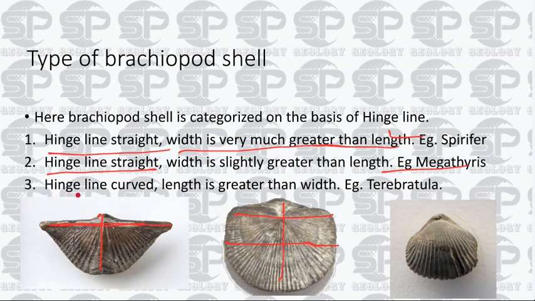Then another is the terebratulid, where the hinge line is curved, and the length is greater than the width. These are the three types of brachiopoda on the basis of dimension.